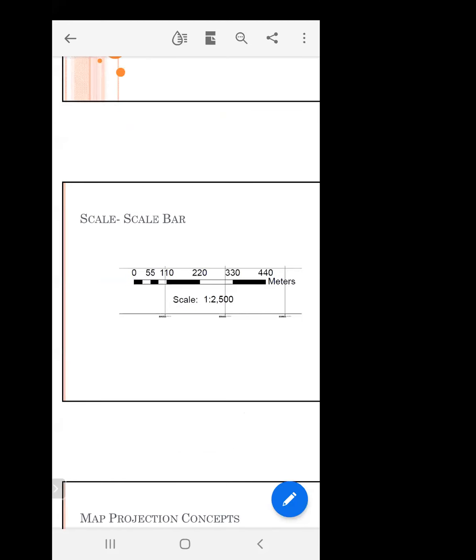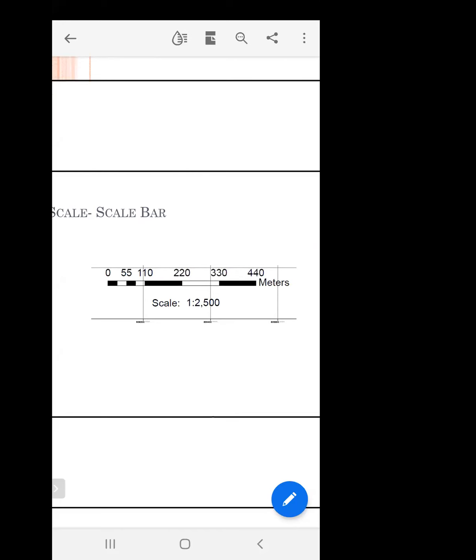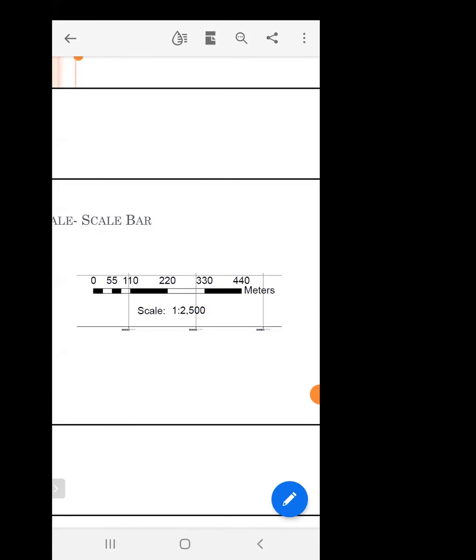We can have what we call the graphic scale, which is what you are looking at now. In this case, graphically, we want to describe what the distance is on the ground. Typically, when you look at the scale bar, you will see that it's drawn on the map, which is the representation of what is happening on the ground.